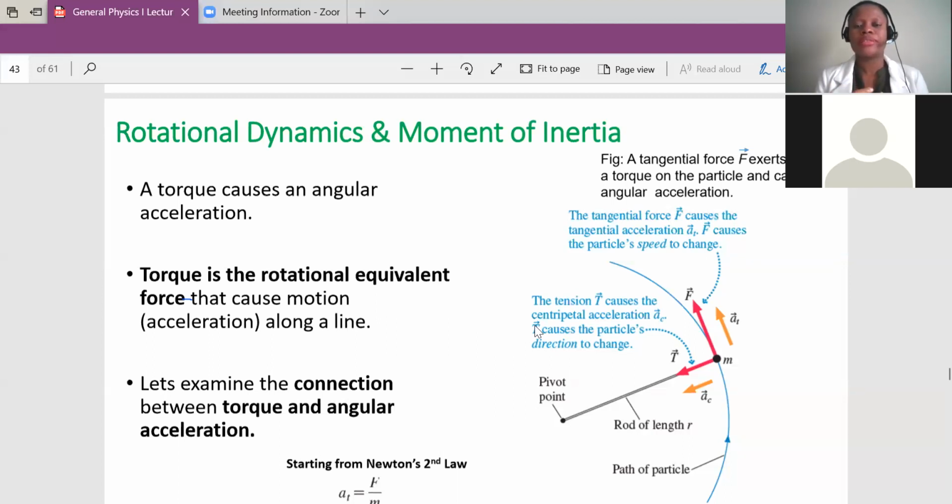And then we looked at another term called tangential acceleration, which is actually the measure of the speed change of a particle along the curved path. That is the tangential path that the particle takes when it's accelerating. Okay, so we're going to just bring those concepts together today and summarize how we use Newton's second law to understand the link between torque and angular acceleration.